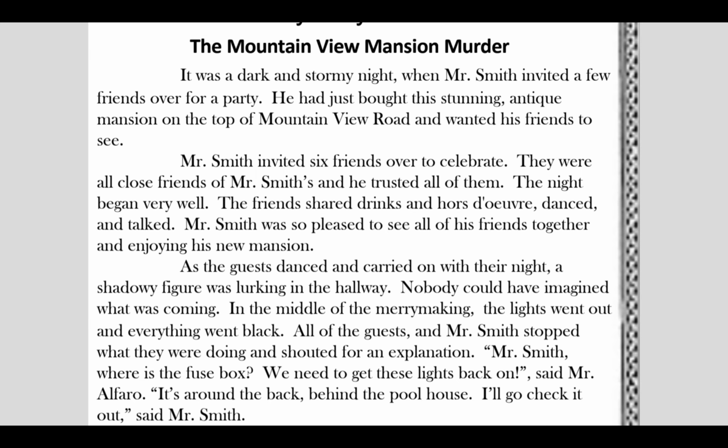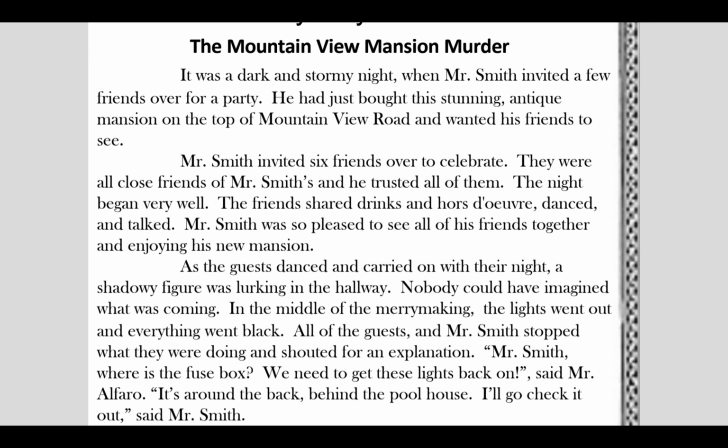The Mountain View Mansion Murder. You did this last week with the Inference murder mystery. You made predictions and inferences on who killed Miss Peabody.